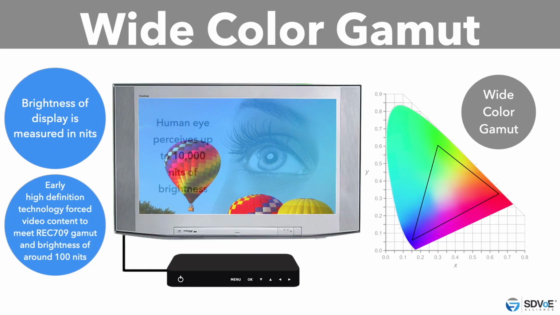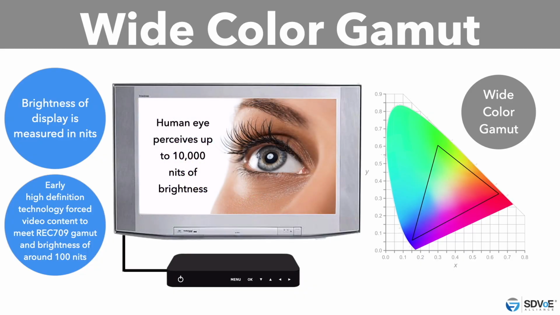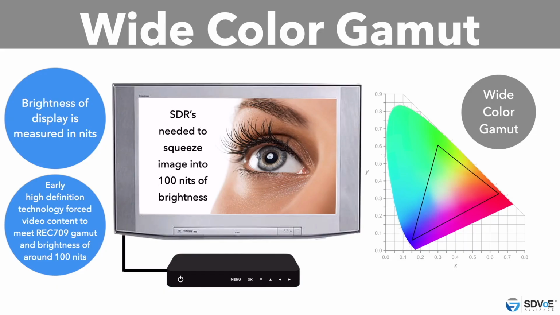Contrast this to the human eye, which can perceive up to 10,000 nits of brightness. With SDR's limitations, content creators had to carefully choose how to squeeze a realistic image into the 100 nits of brightness available. It's no wonder you've never confused a TV screen with reality.